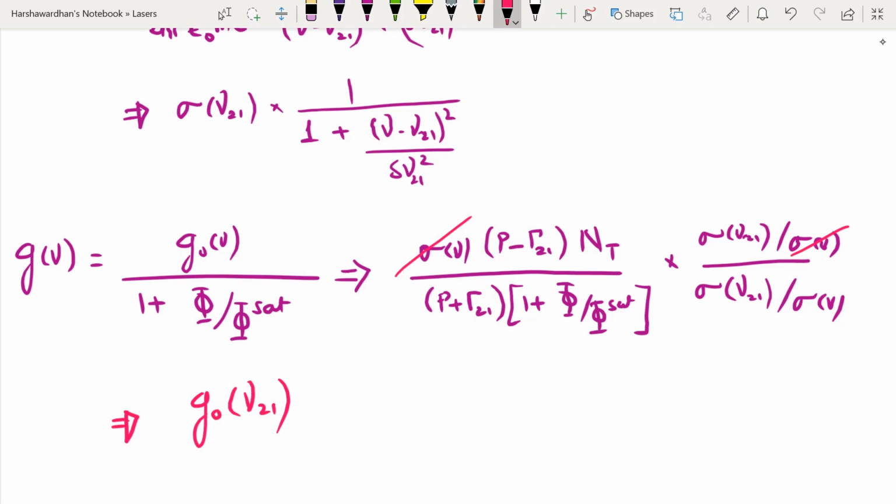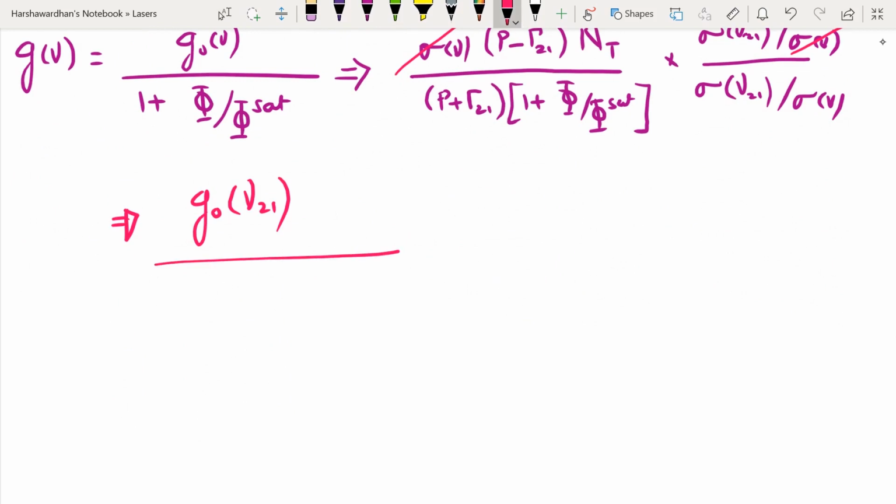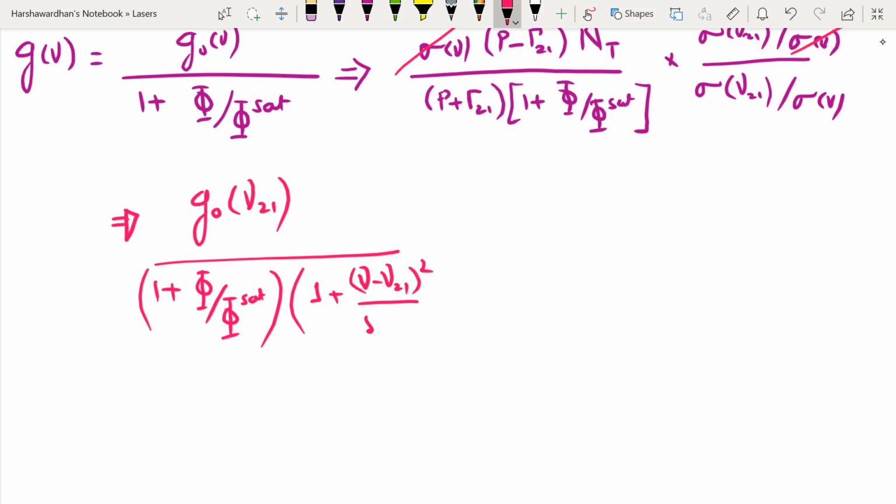Remember, this will contribute to that, divided by 1 plus phi by phi saturation, times the sigma nu to 1 by sigma, which simply happens to be that factor, which is 1 plus nu minus nu to 1 whole square by delta nu to 1 whole square.